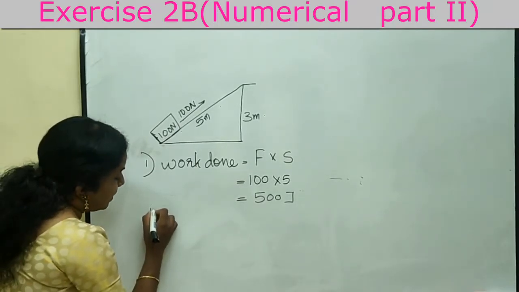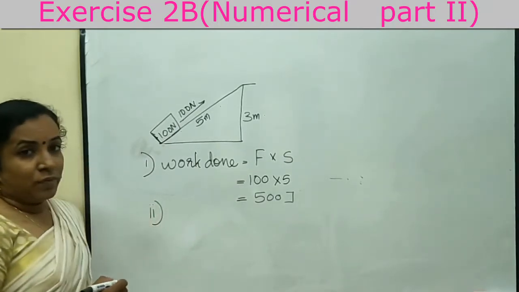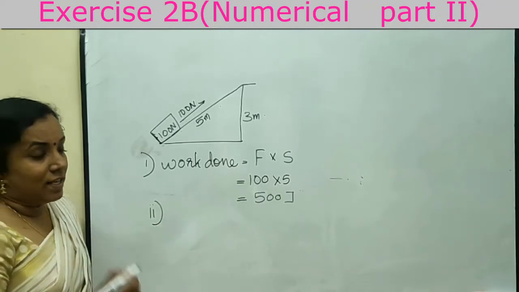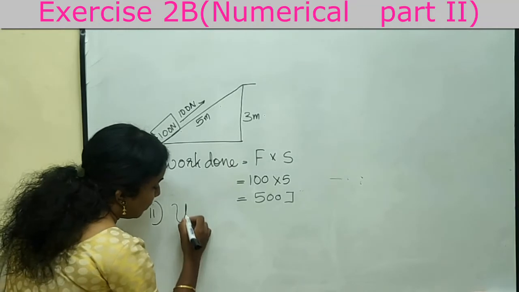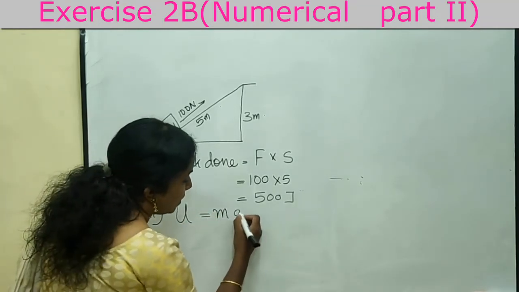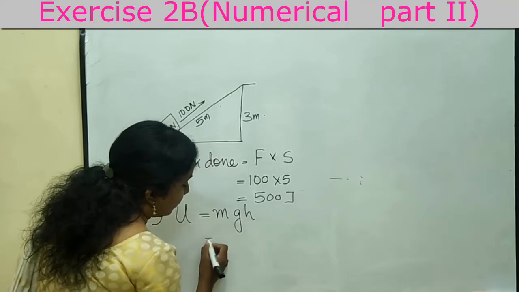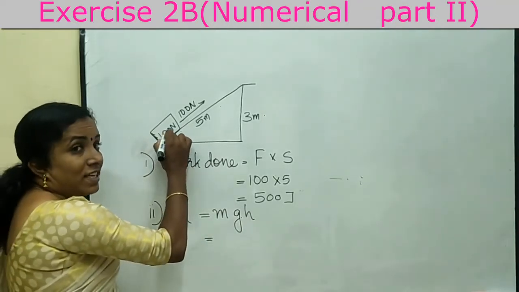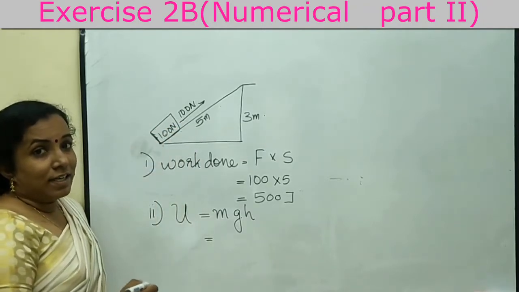And the second question is, what is the increase in potential energy? We know that potential energy U is equal to mgh. Here it is given the weight of the box is 100 Newton.